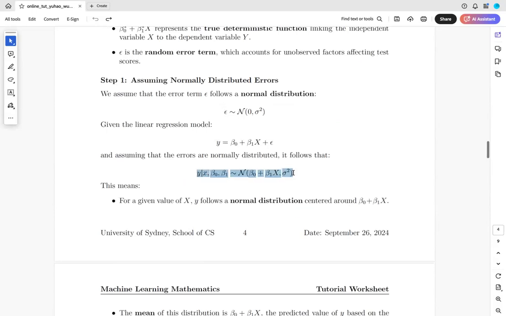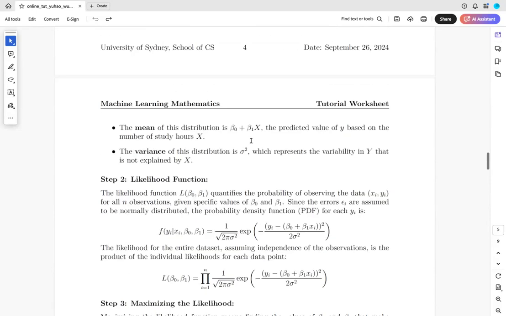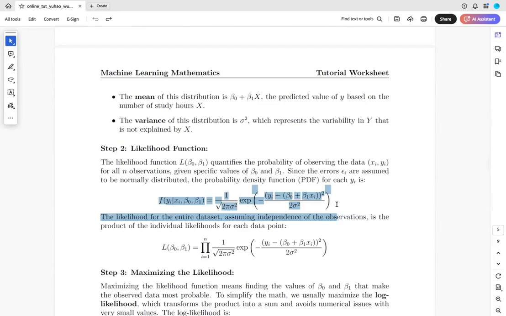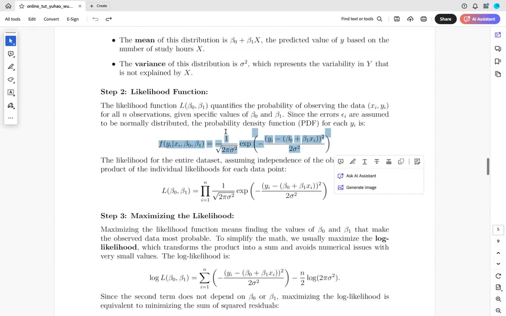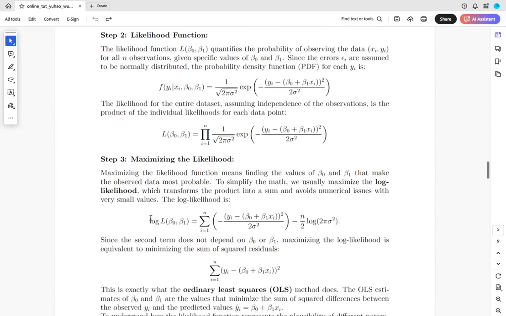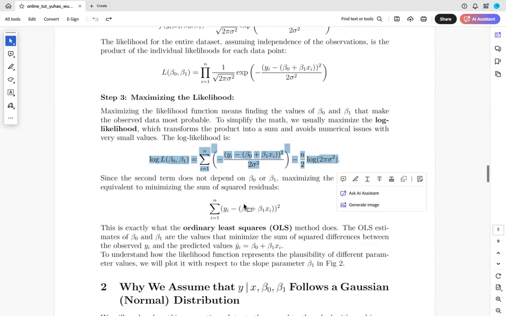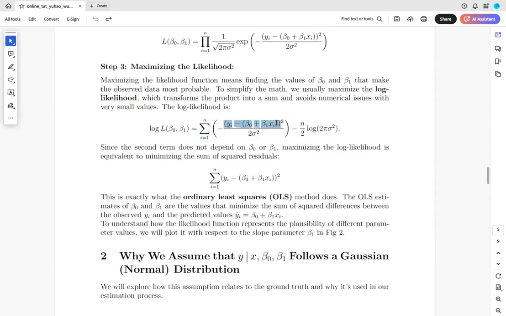And y is also from a normal distribution. For this case, we use the normal distribution probability density function, and we want to maximize our log likelihood function, correct? And maximizing this log likelihood function is equivalent to minimizing the least square loss, correct?